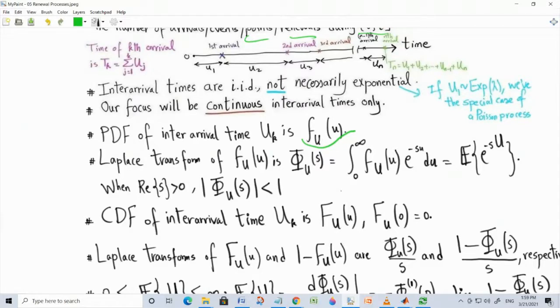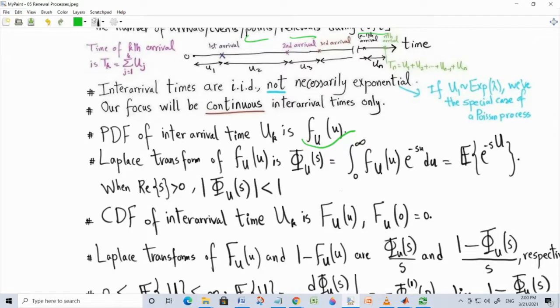In fact, we will assume that the interarrival times are strictly positive. It is known in probability theory that for non-negative random variables, sometimes it's very convenient to use the Laplace transform. And this is what we will do here.